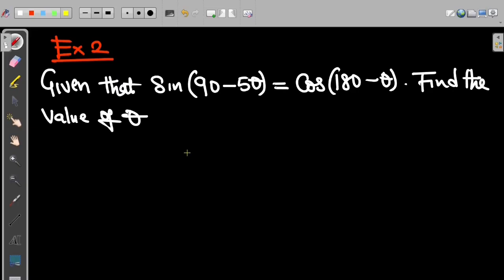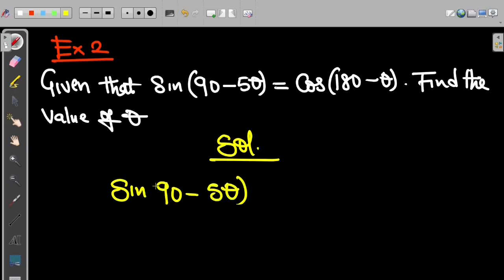So for example 2, we are given that sine 90 minus 5 theta is equal to cos 180 minus theta. We are asked to find the value of theta. So we are given that sine 90 minus 5 theta will be equal to cos 180 minus theta.